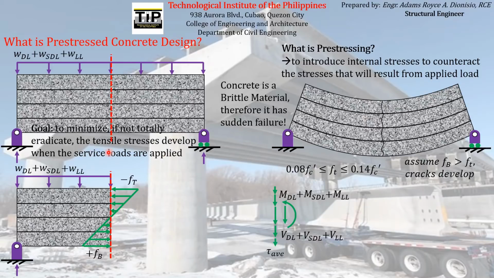When we say service loads, these are the live loads and the dead loads. Usually the dead loads are composed of the dead load that came from the self-weight of the member and the superimposed dead load. Yung mga dead load na pinatong lang. That's why it's called superimposed. So that is our goal. Kasi we know for a fact na kaya nga nagka-crack, kasi nga, yung tensile stress na to, yung F sub B na yan, exceeded the magnitude of the tensile strength of the concrete.